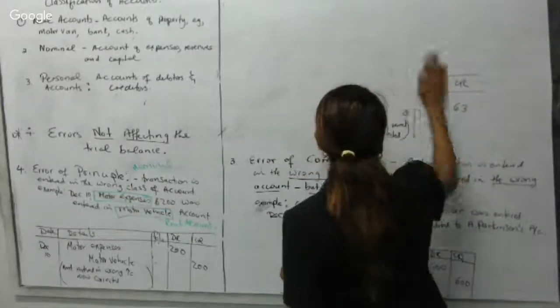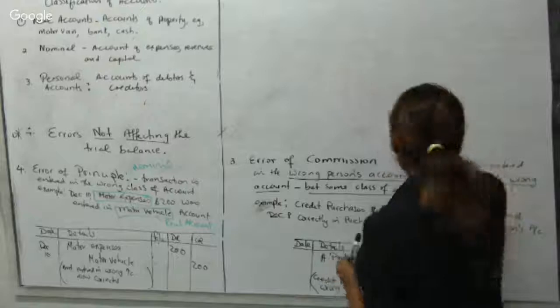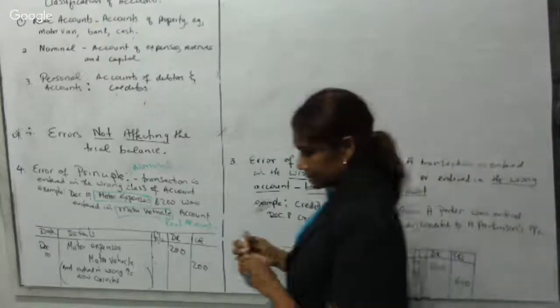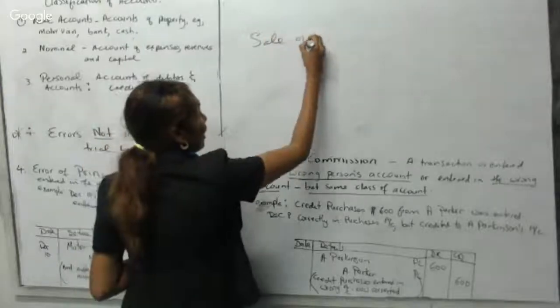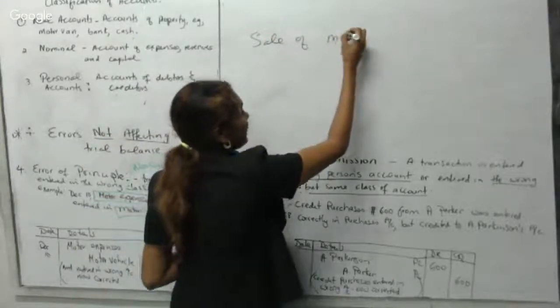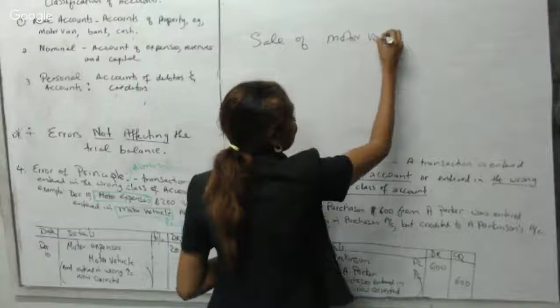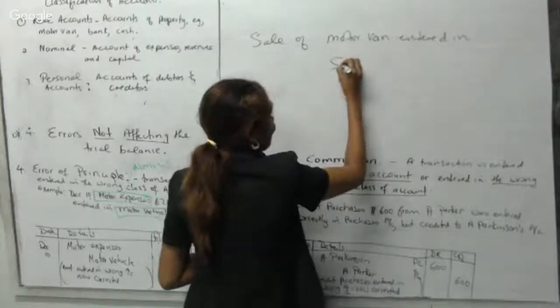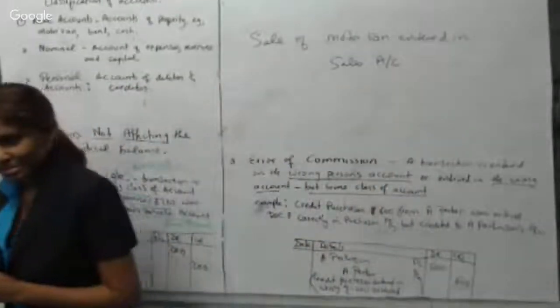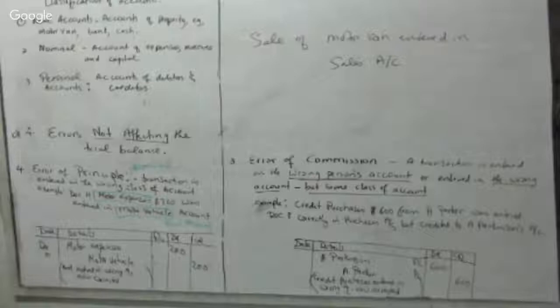You know what another common error of principle is? Something like this. Sale of motor van entered in sales account. So sometimes we still don't know how to use our sales account or purchases account.